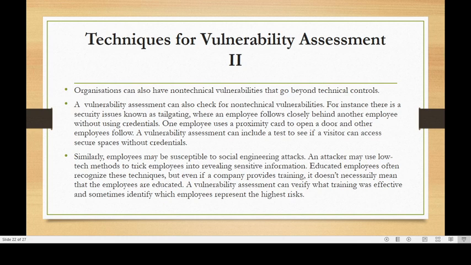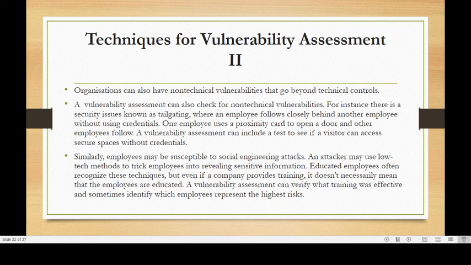Most of the vulnerability assessments have recorded purely human capital, non-technical issues. Hence the need to also assess employees and verify what training needs can be effective, and which employee represents the highest risk. We have examples which are driven by human capital.